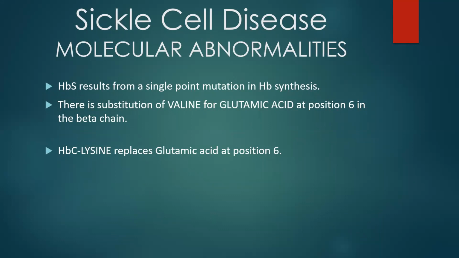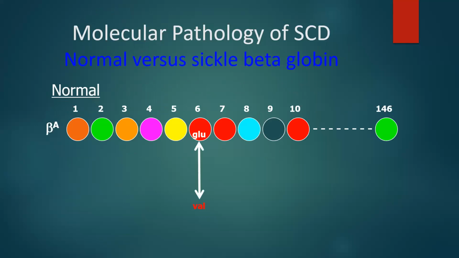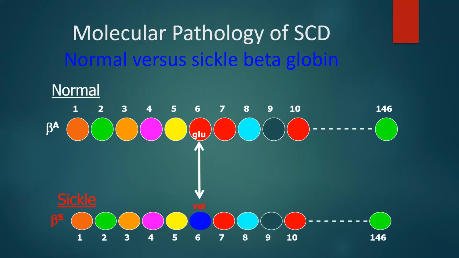But if lysine is replaced by glutamic acid at position 6 of the same chromosome 11, then that one will give us the hemoglobin C. So this is a picture showing how the gene point mutation takes place.